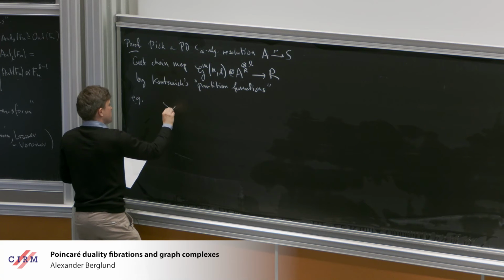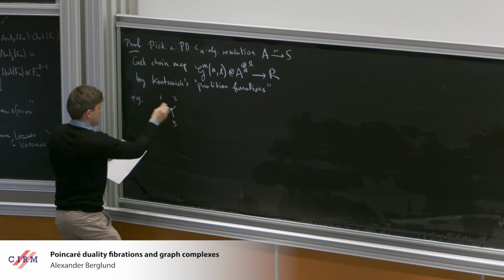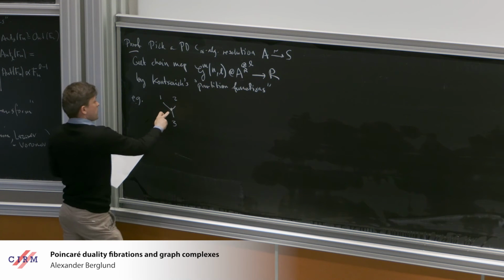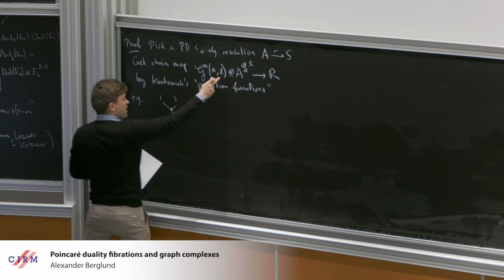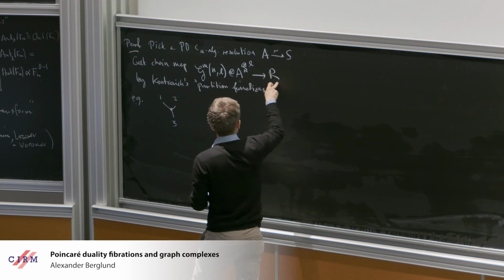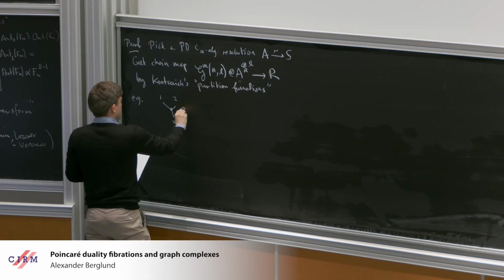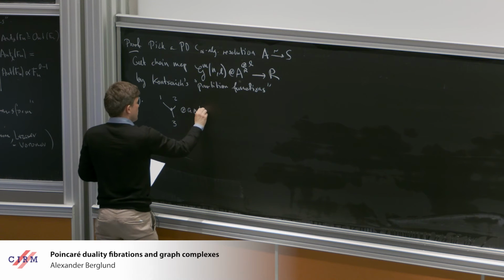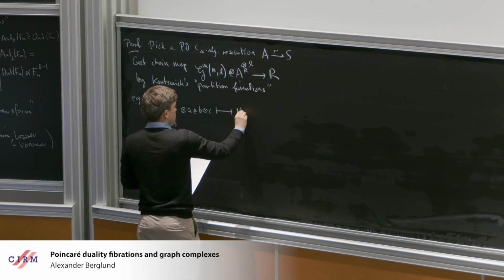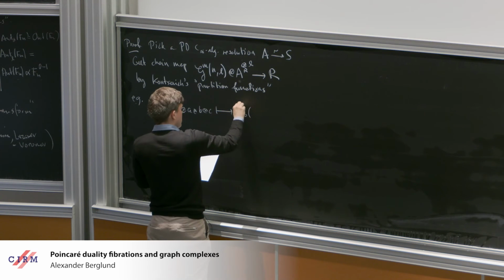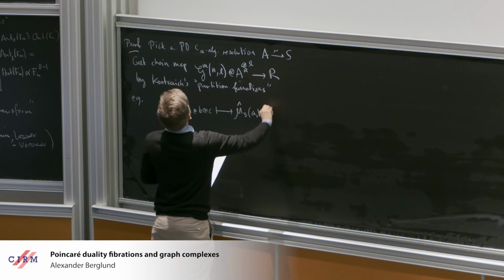So for the corollas, for the graphs like this, I have a three-ary operation. I need to get the three-ary operation on A, and for the corollas, I just use the structure maps of the C infinity structure.